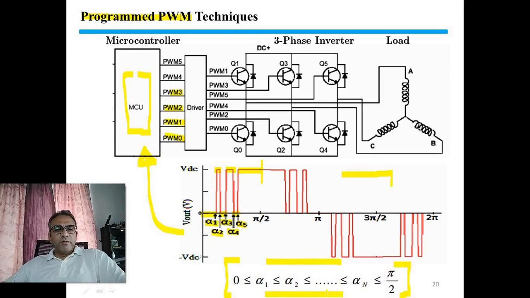Now we can feed the angles from alpha 1 to alpha 2, alpha 3, and so on in the microcontroller, and we will get a program PWM.